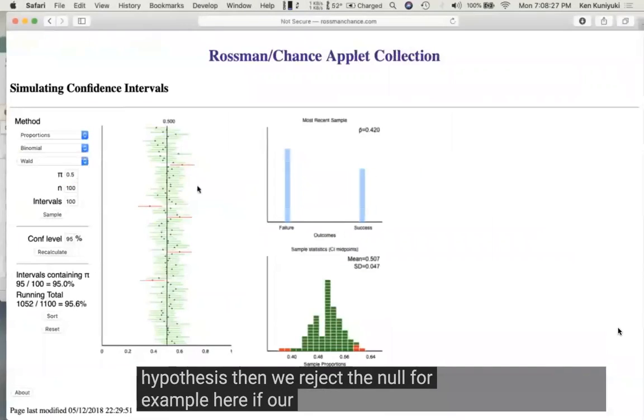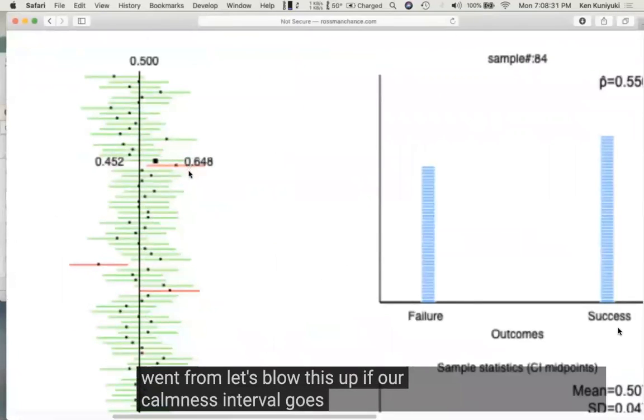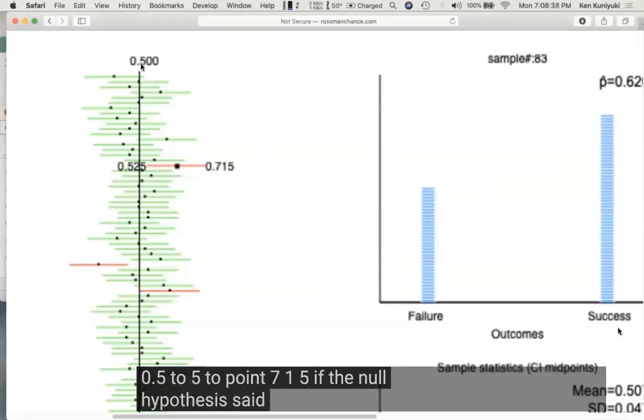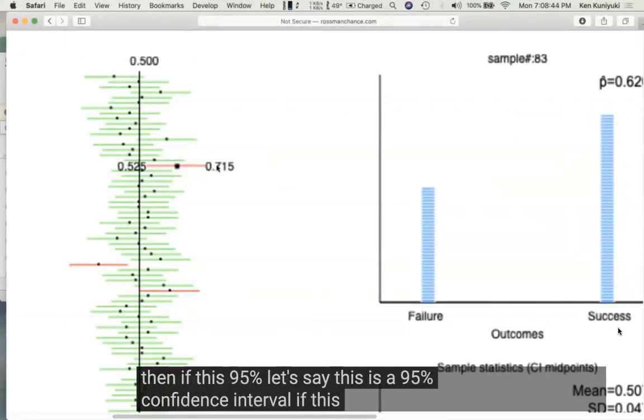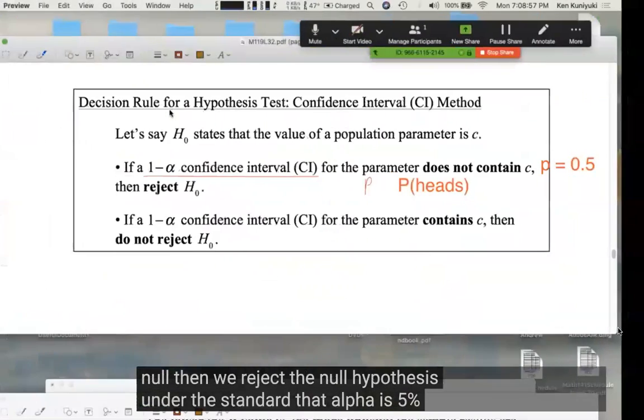For example, here, if our confidence interval goes from 0.525 to 0.715, and the null hypothesis said that P was exactly 0.5, then if this 95% confidence interval does not contain 0.5, the hypothesized value under the null, then we reject the null hypothesis under the standard that alpha is 5%.